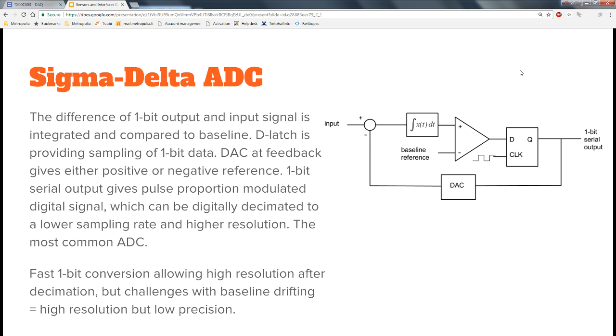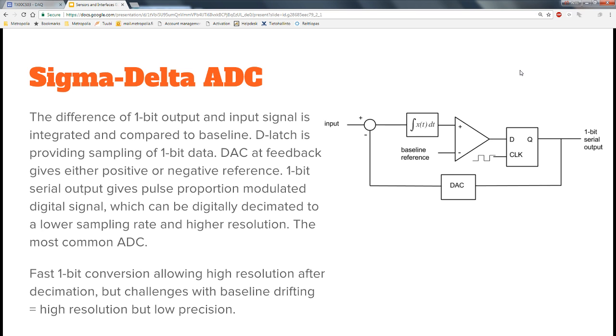The decimation means getting more bits of data by running an integral or sum of it, and that also lowers the sampling rate. So the initial sampling rate is very high, but then by decimation you can have more resolution when you just have less frequent samples. So by making the final sampling rate lower, you can actually increase the resolution.